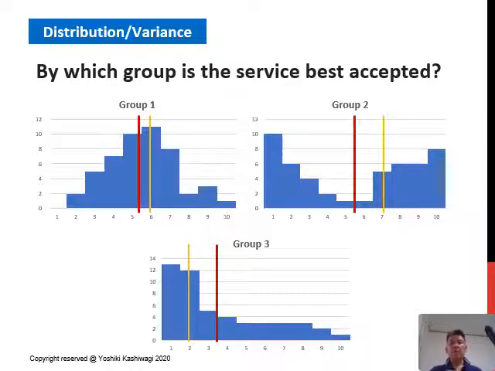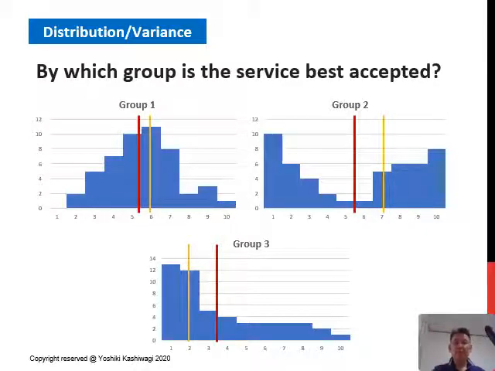If you want to know the characteristics of the data set, or if you want to compare 2 or 3 data sets, sometimes it is very risky to rely on one single index.